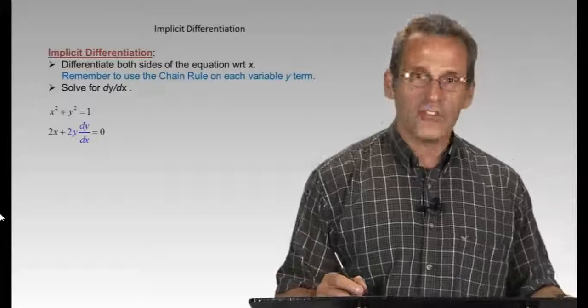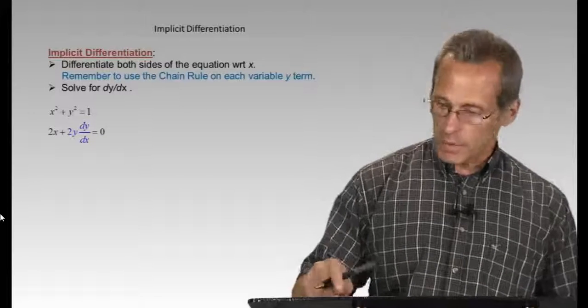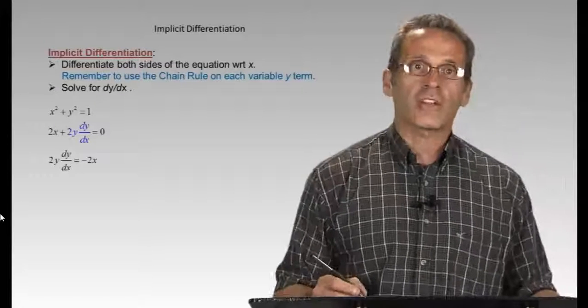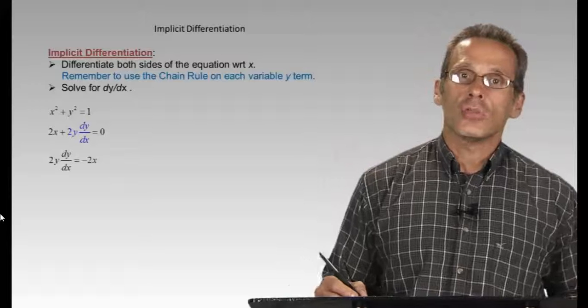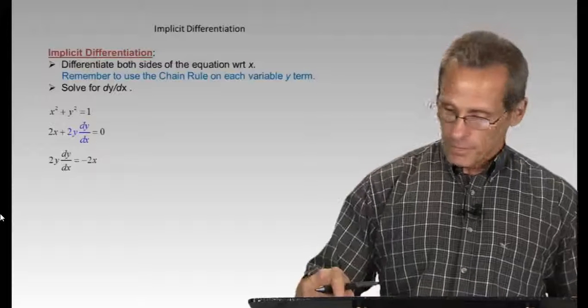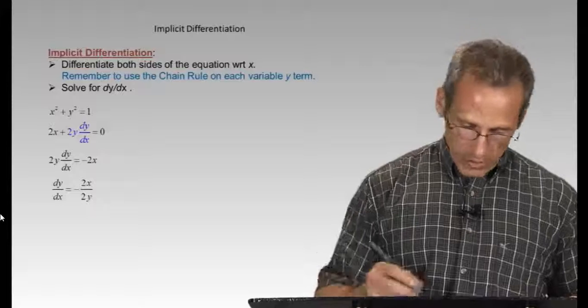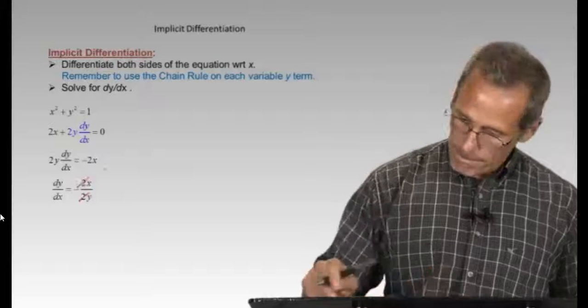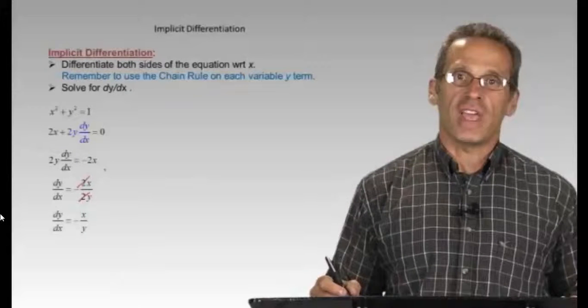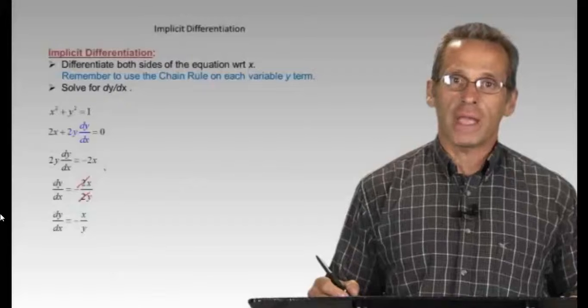Now our goal is to isolate dy/dx, solve for it. So we'll subtract 2x to move it to the right side, and then divide by 2y. Now we can simplify, and we find dy/dx is negative x divided by y.